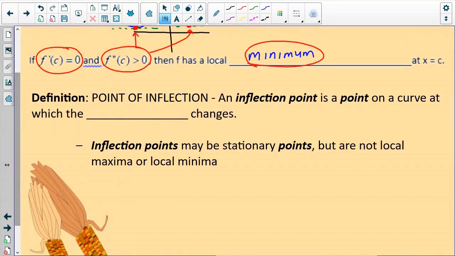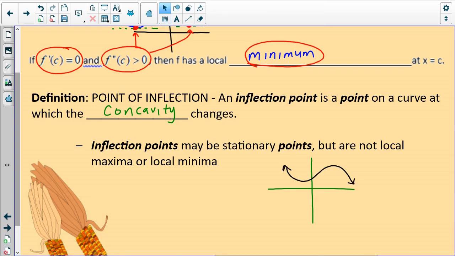A point of inflection is a point on a curve in which the concavity changes. So we've already seen a graph of this, but if I have something where my graph may look something like this, we're concave up over here, we're concave down over here, and then at some point, it changes from concave up to concave down.